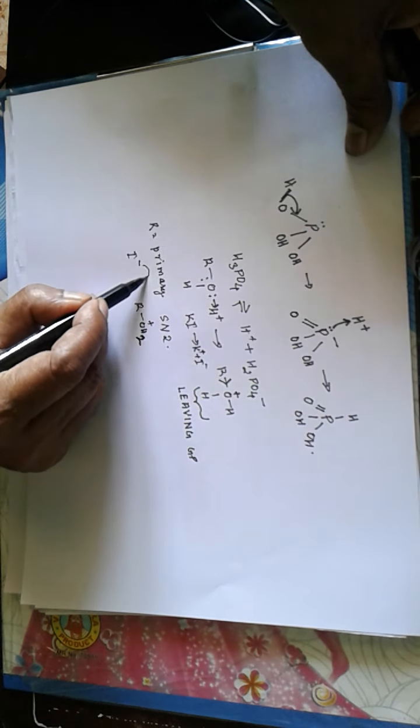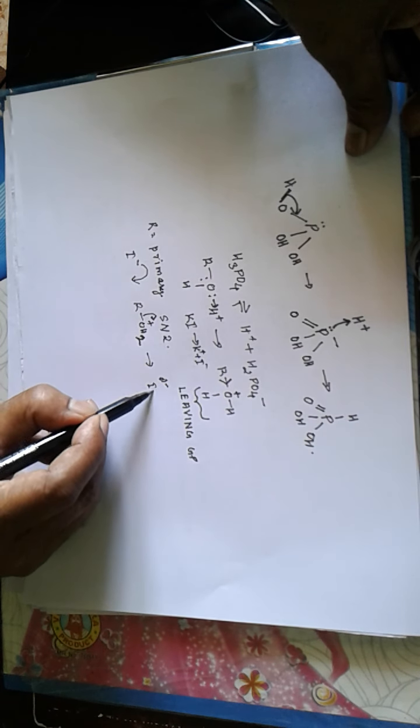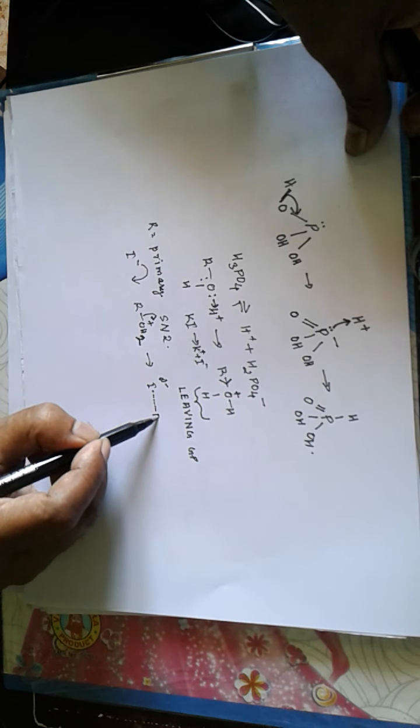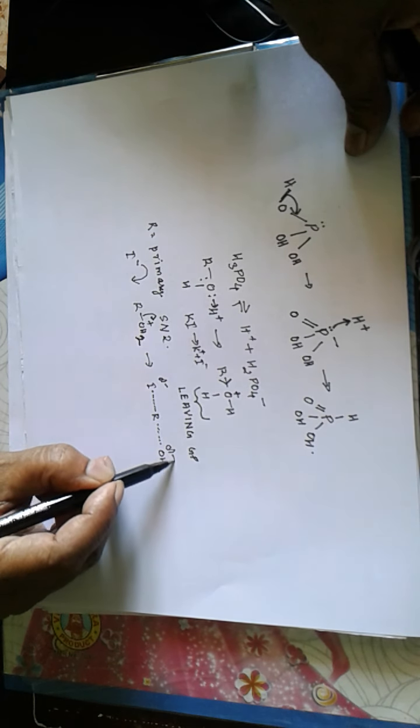by an SN2 path, producing a transition state I with delta negative charge bonded to R, bonded to OH2 with delta positive charge. So this is delta negative and delta positive.